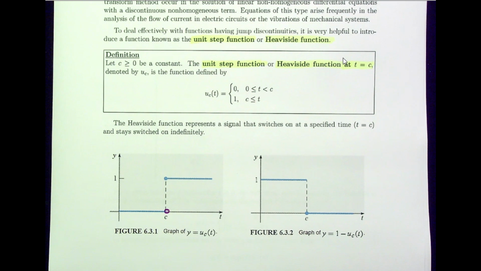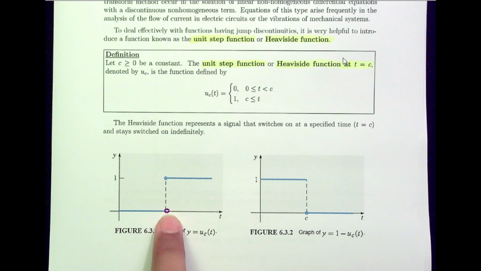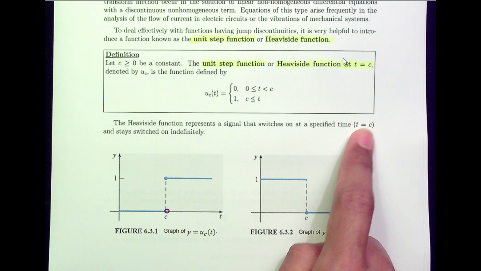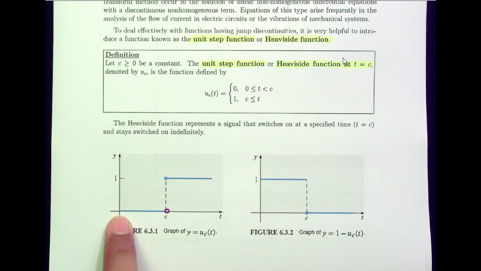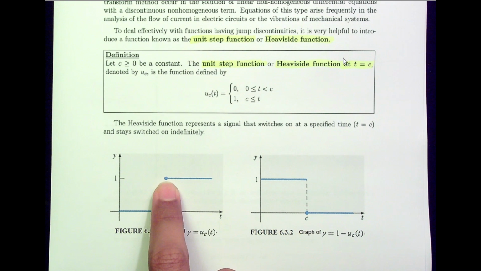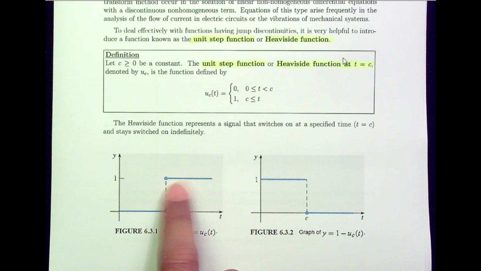So it's like you turn the switch on at t equals c. Before you turn the switch on, the function is 0, like there's no light or electricity flowing in. And then once you switch it on and send the signal, it's fully lit, or electricity is flowing in at a steady rate.